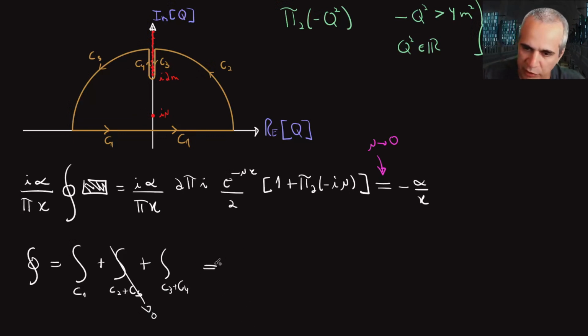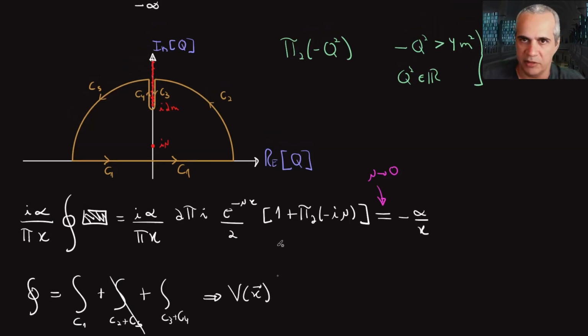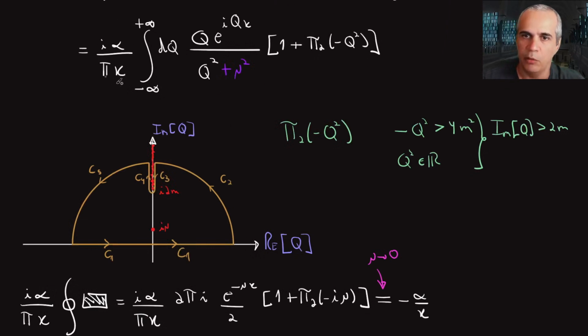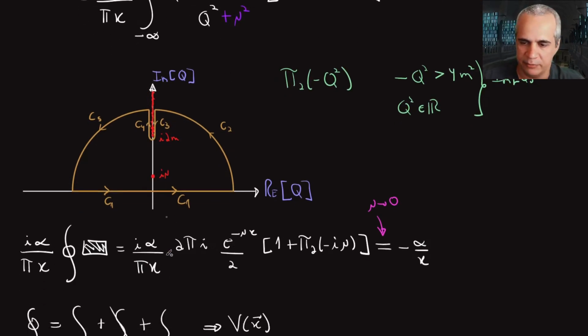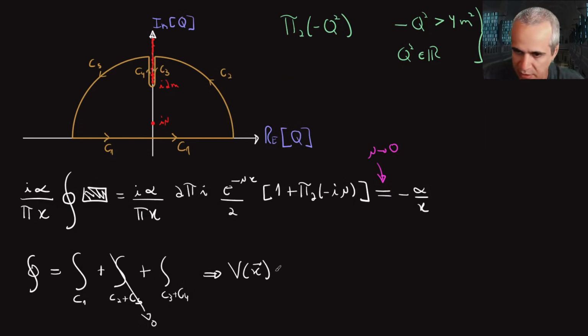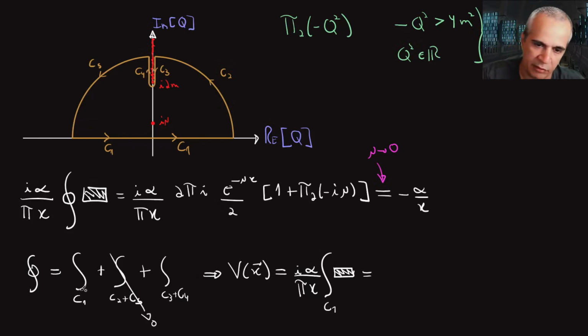The potential I want to calculate, V of x, is of course this expression, which is only over C1. So I can write this as i alpha over pi x times the integral over C1 of that integrand. Of course, if I isolate the integral over C1, I can subtract the integral over C3 and C4 from the full thing. But the full thing is just the Coulomb potential.